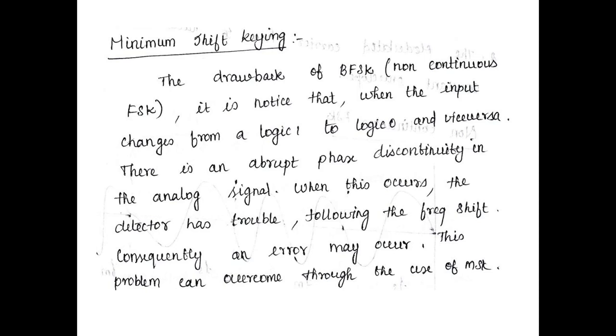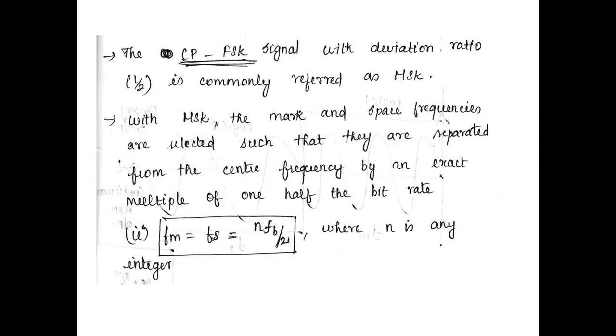When this occurs, the detector has trouble following the frequency shift, so errors may occur. This problem can be overcome through the use of minimum shift keying.